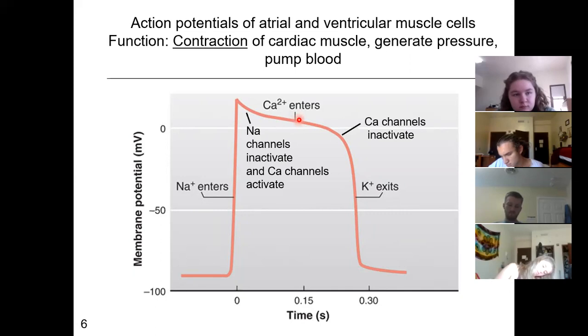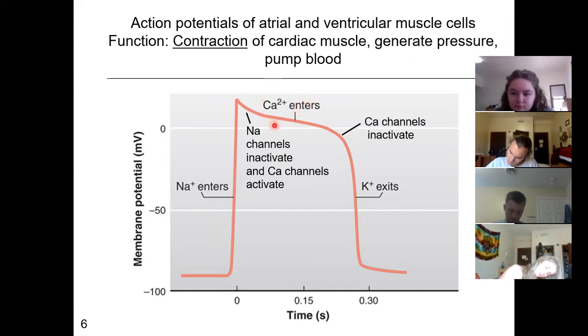So in skeletal muscle, it's the depolarization that triggers the calcium release from the SR. But in heart muscle, it's the calcium entry that triggers the calcium release from the SR. It's called calcium-induced calcium release. So this is one of the key differences between skeletal muscle and cardiac muscle.